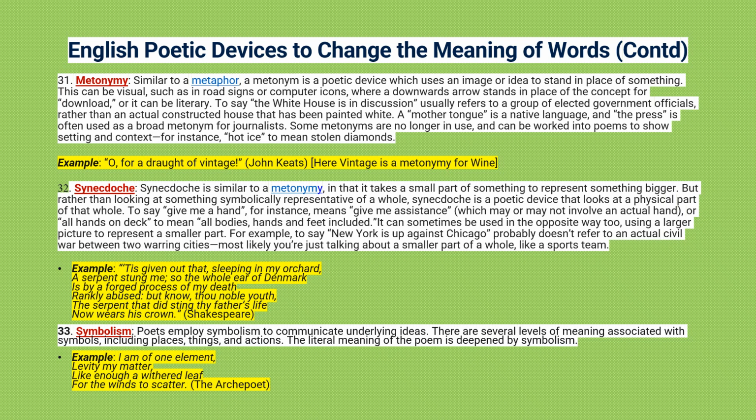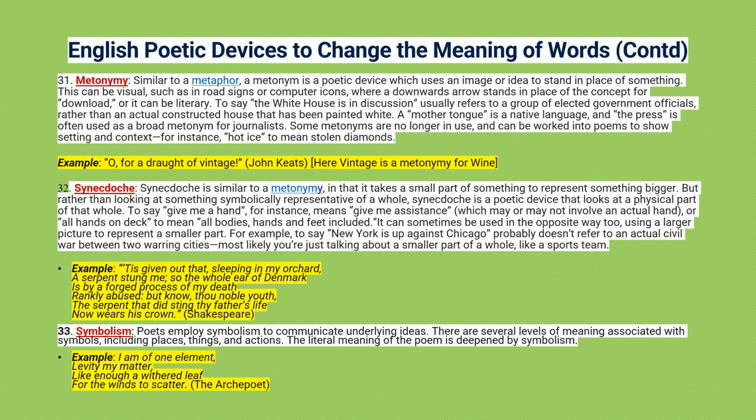So in this slide, we'll be talking about metonymy, synecdoche, and symbolism. Not very commonly used as far as the CBSE curriculum for class 10 is concerned, but you should know about them. Metonymy is similar to metaphor. This is a poetic device which uses an image or idea to stand in place of something.